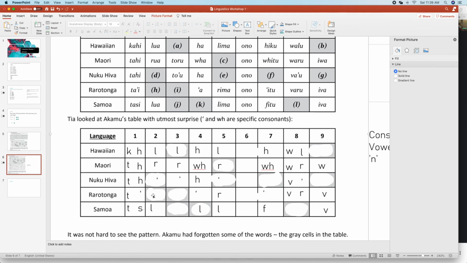So in this apostrophe becoming an S and the apostrophe becoming an F, what's more important is how the apostrophe becomes an apostrophe, right?